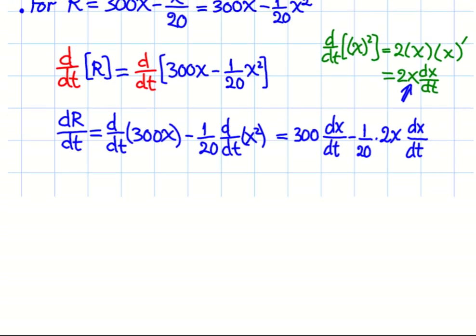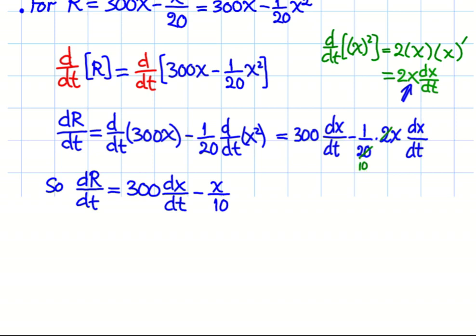Right. So simplify, we have 300 dx over dt minus x over 10. Notice that 2 and 20 cancel out.